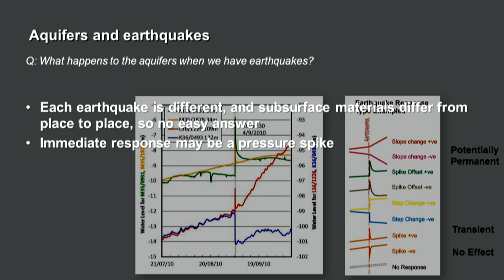So the blue one at the bottom, for example, previously had a high water pressure, and subsequent to the peak, it had a lower water pressure. The red one had a spike, but the water pressure continued to rise after the earthquake. And so there's a whole variety of responses that individual boreholes show to the same earthquake. Next, please.